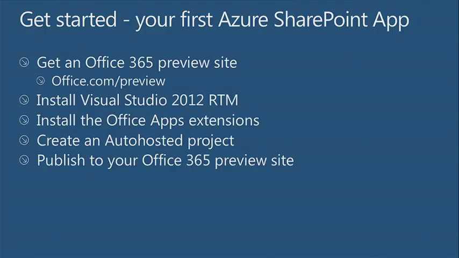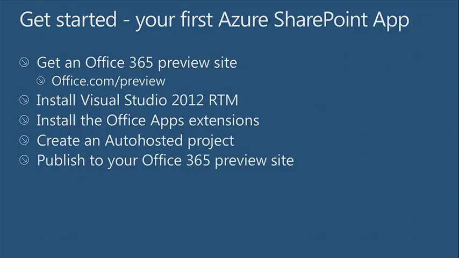To get started, go to office.com/preview, and you can straight away stand up an Office 365 preview site. Just remember to create a developer site off of that. Then install Visual Studio 2012 RTM. We tried this with earlier versions and struggled. Install the Office app extension.